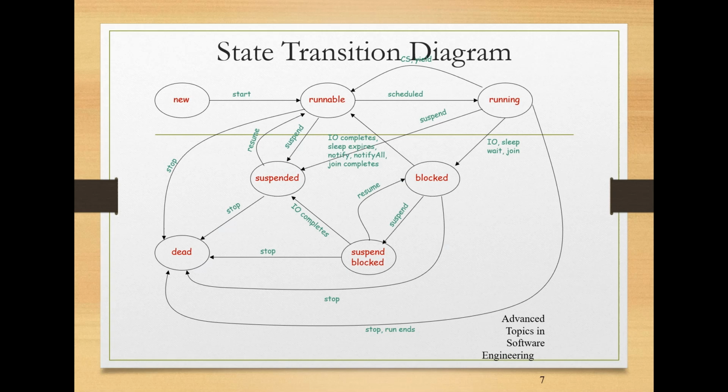Now, in a thread, there are mainly three states. The first is new, the second is running, and the third is blocked or suspended. With the help of this state transition diagram, we can say that whenever a new thread starts, with the help of the new keyword, because Thread is a predefined class in Java, we can create the object with the new keyword.